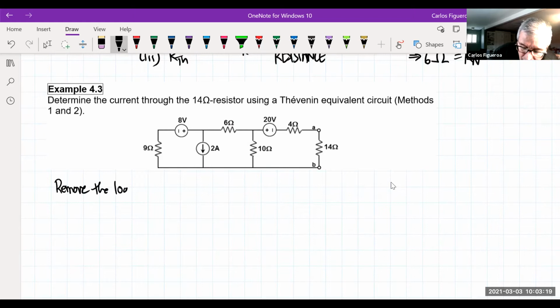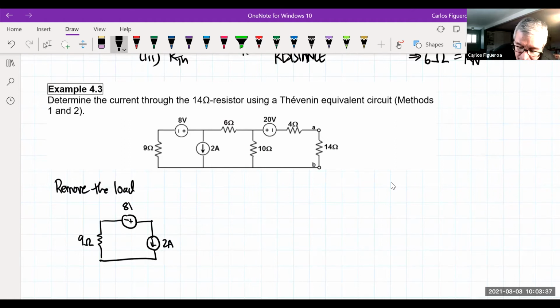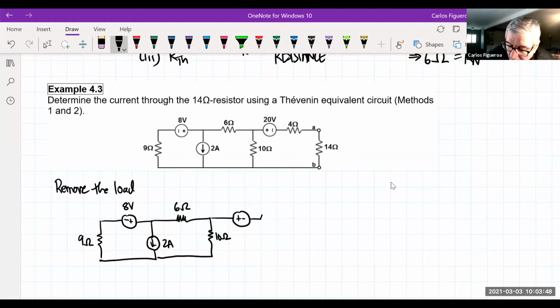Remove the load. So if I remove the load, then I'm going to have the circuit that reads 9. Okay, so that's my circuit right there.